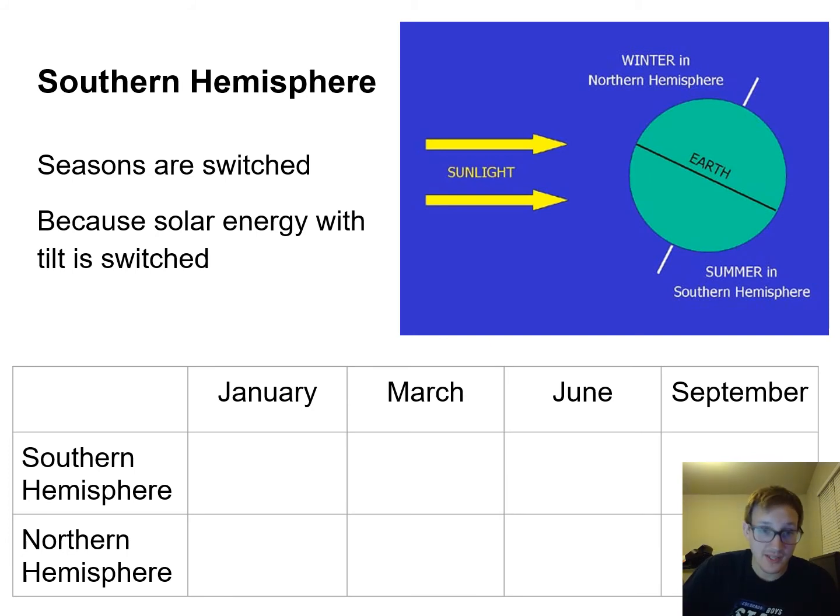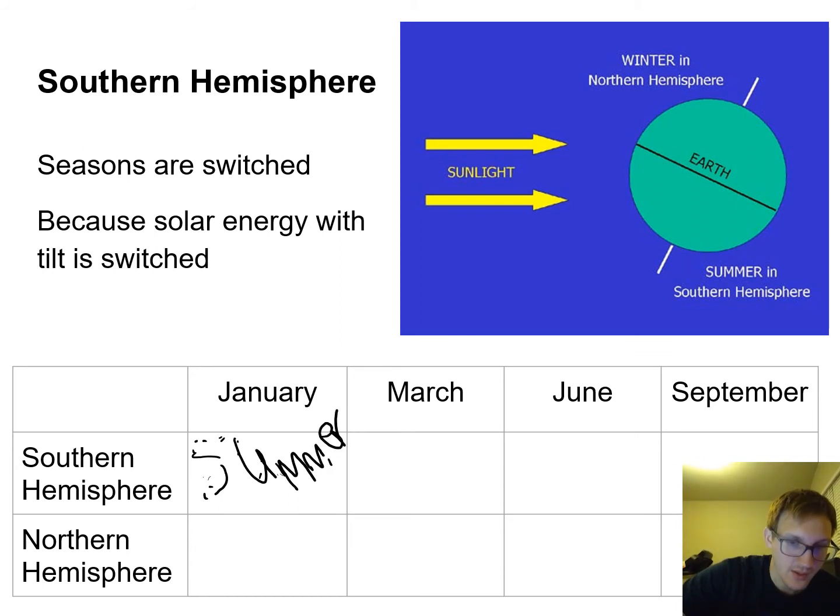Okay, so for example, just to give you a good idea of what this looks like, if you imagine in January, if I write this down, January in the southern hemisphere is actually the summer. Let me see if I can write this and it actually shows up. Okay, summer.